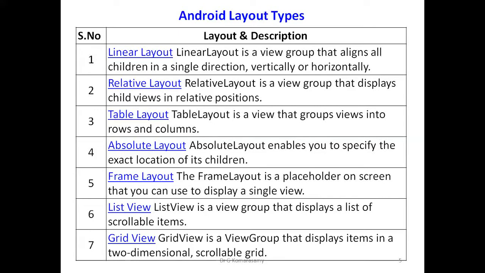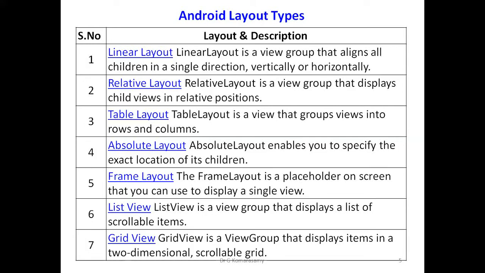Linear layout is a view group that aligns all the children in a single direction, vertically or horizontally. This is all about linear. I'll show you the diagrammatic representation. And relative layout is a view group based on the view. We can group all the buttons, text boxes, everything displayed in the child views.